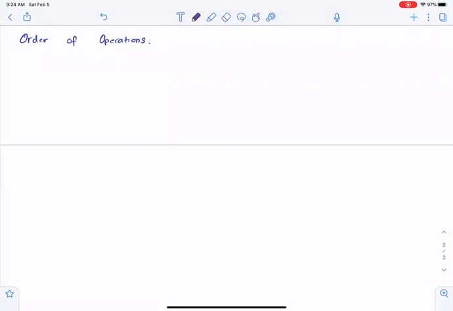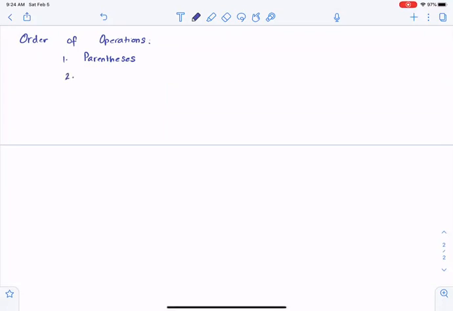But the first operation that you need to take care of would be whatever item or operation that you have inside a parentheses. That is the first thing that you have to do.